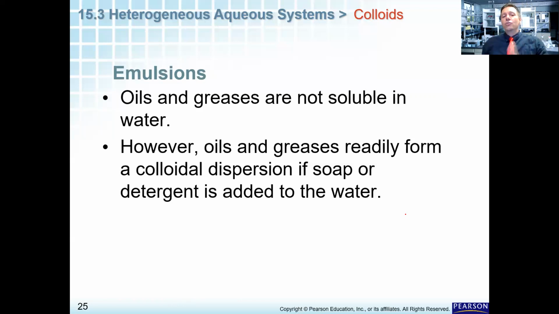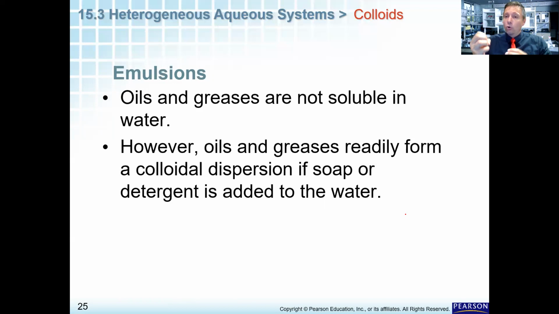So oil and grease are not soluble. We know that. But if you add a detergent or some soaps, that's how they work. They are emulsifying agents. So you add into some of this oil, you have some soaps or detergent.